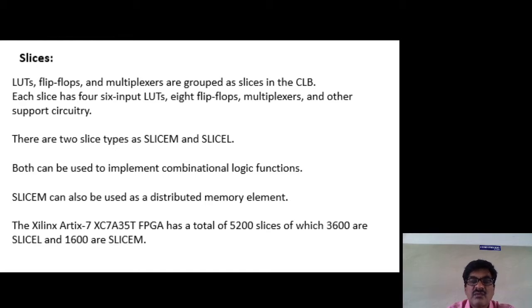In each slice you can observe 6-input LUTs, 8 flip-flops, and multiplexers.